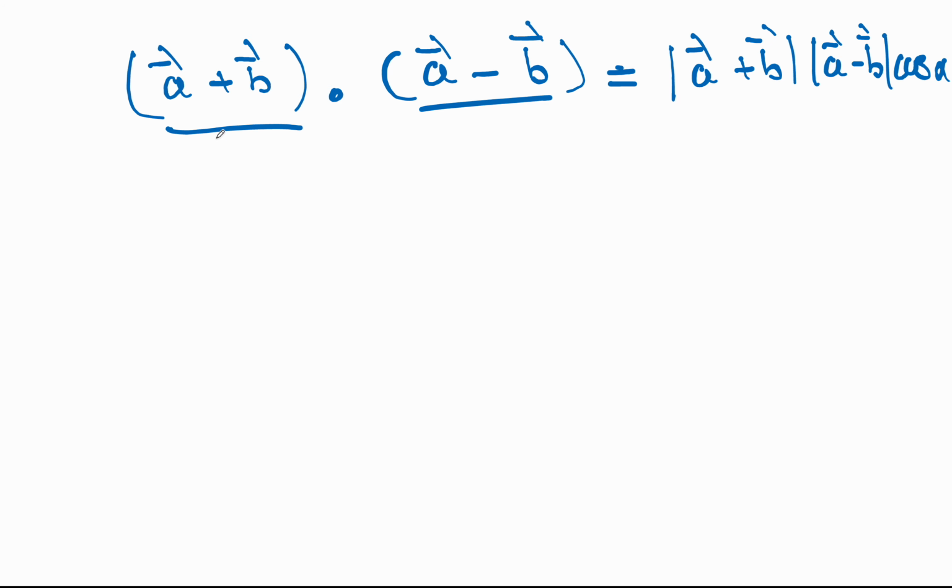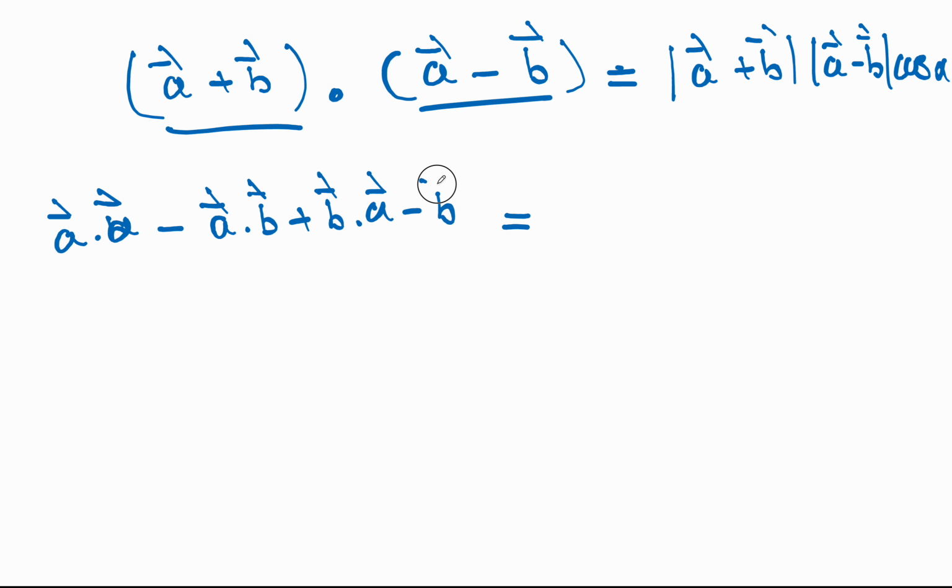Okay, so we'll simplify the left hand side, and what we'll get is A bar dot A bar minus A bar dot B bar plus B bar dot A bar, then minus B bar dot B bar.